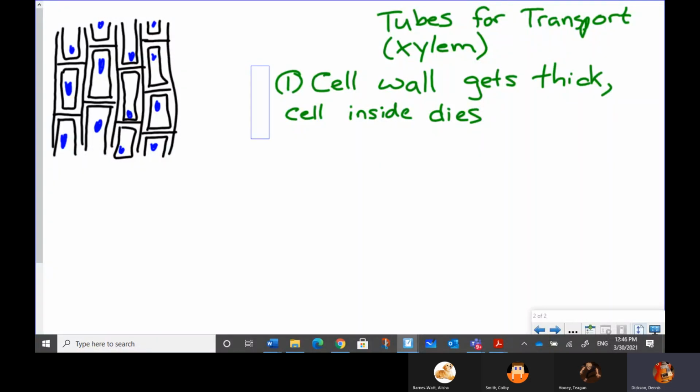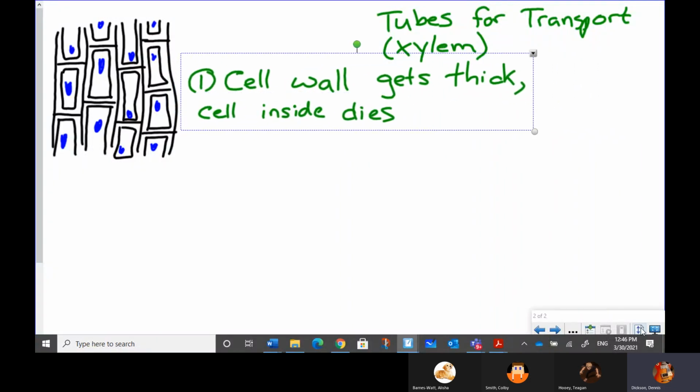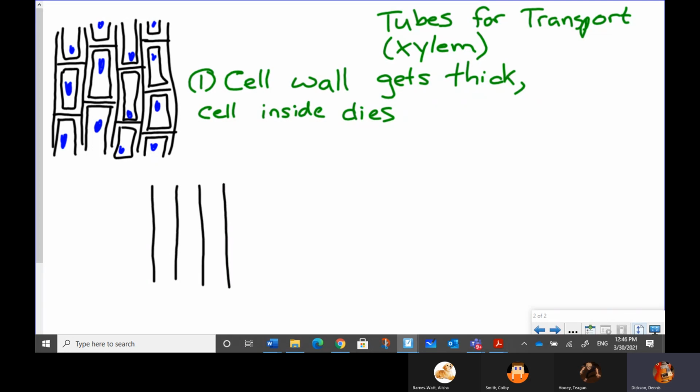Maybe I'll move this guy over. Then we're going to have the next step, and we'll have our tubes, but this time have a couple of these middle ones, leave them open.